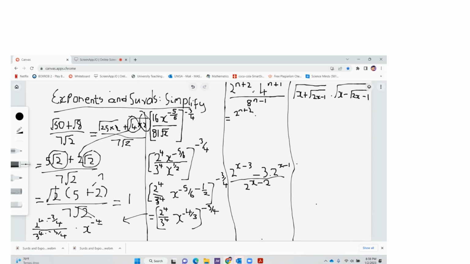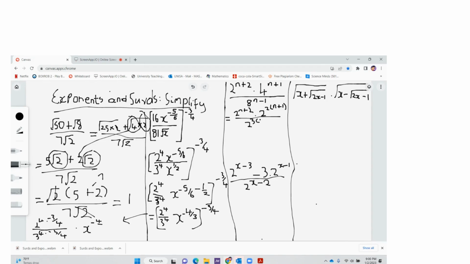Okay, so we're opting to make 4 base 2 and 8 base 2 because all of them are able to have a base 2. So 4 in an exponential form will be 2 squared. Okay, then there's still n plus 1 over, and then 8 can be 2 to the power of 3.